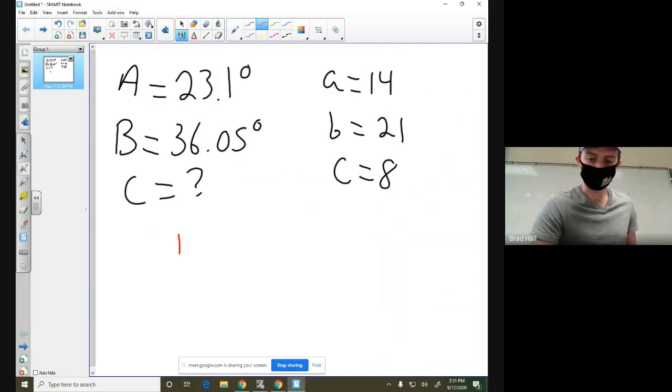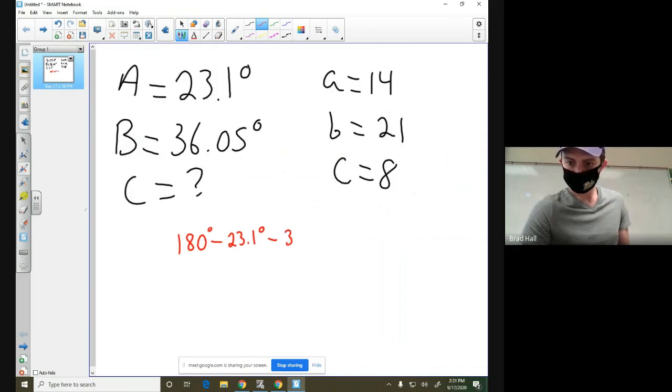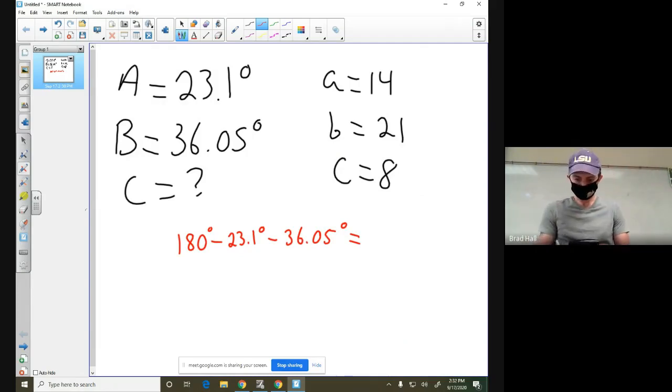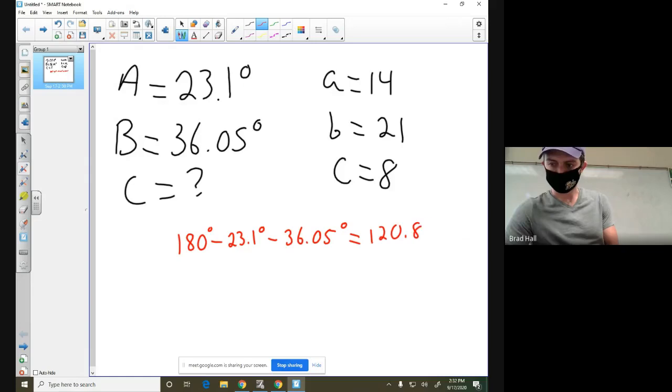Well, the simplest way, you would do it this way. And you would get 120.85 degrees.